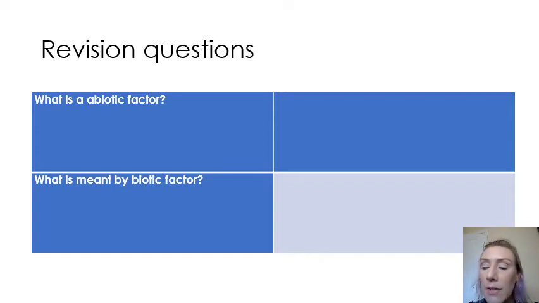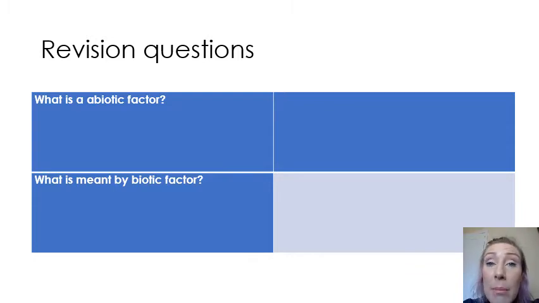Okay, so you should have your answers now. So an abiotic factor, the first thing you should have written is it's a physical factor that affects the distribution of an organism within a habitat. So it's a physical factor.